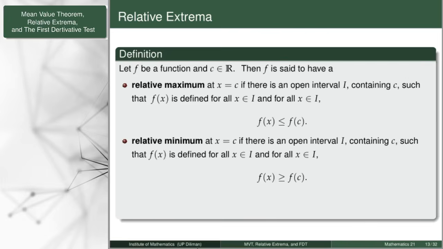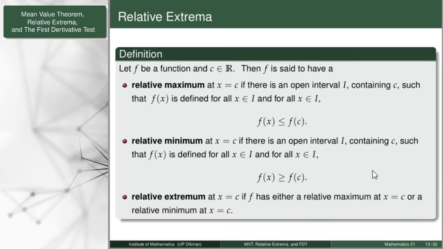Of course, you can also talk about the relative minimum, which is relatively the smallest, and that is f of c will be smaller than any evaluation of f at the interval I. Collectively, we call this the relative extrema of your function. Extremum if you have either a relative maximum or a relative minimum.